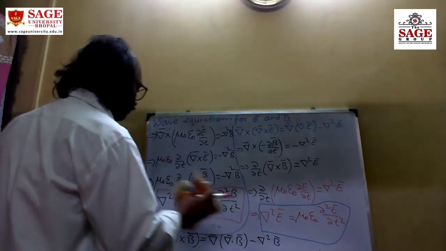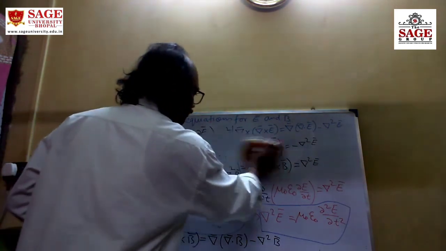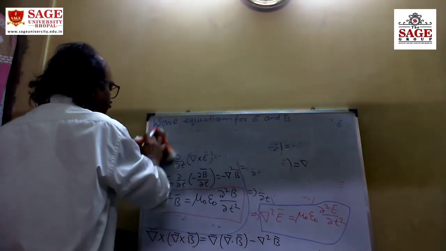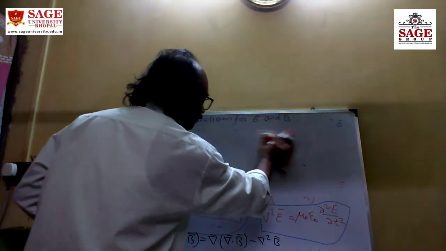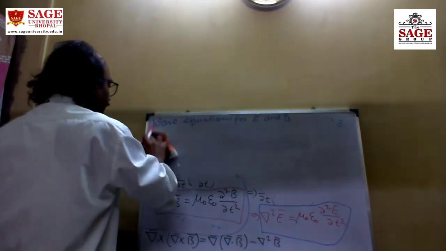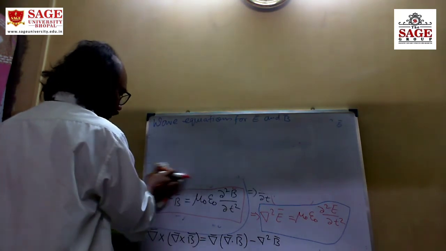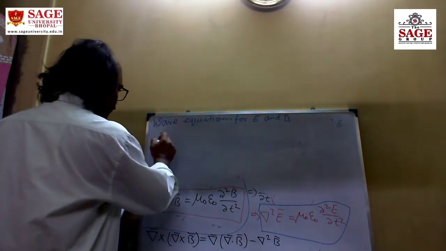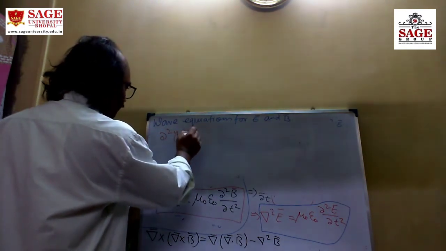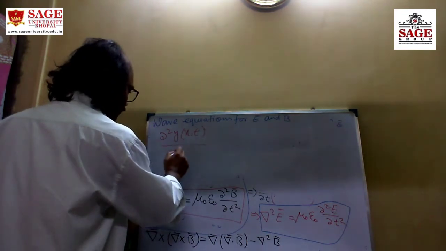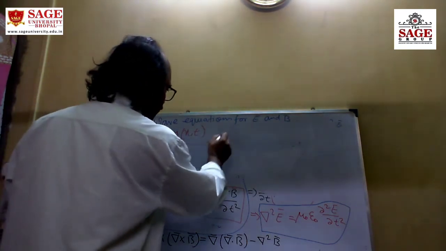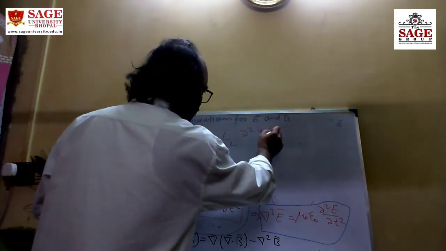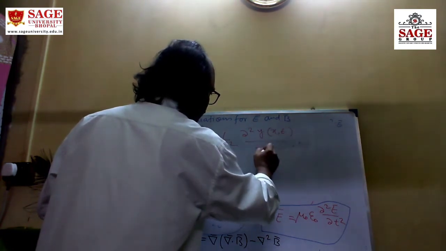Now, the classical wave equation we know is del square y of x,t by del x square is equal to 1 by v square del square y of x,t by del t square.